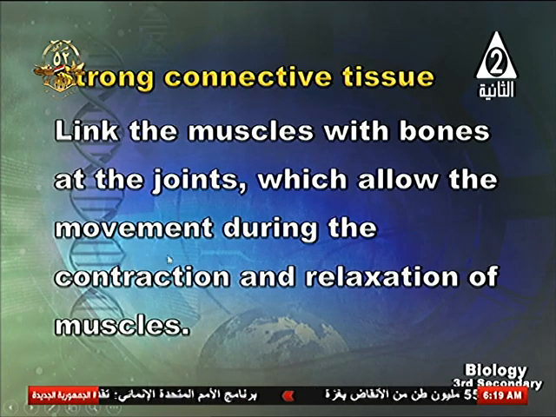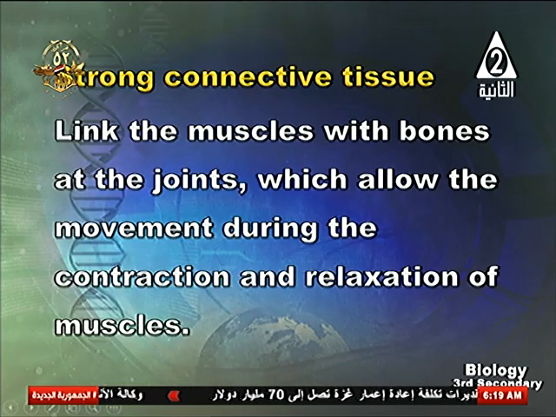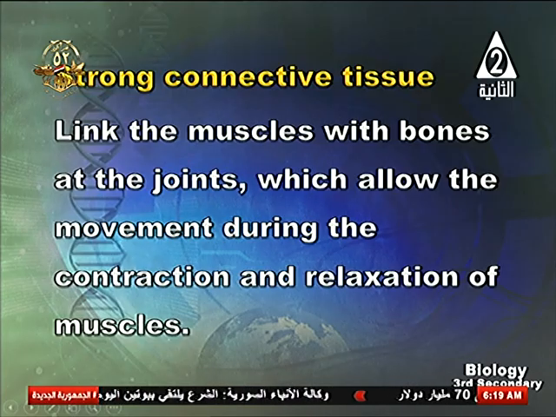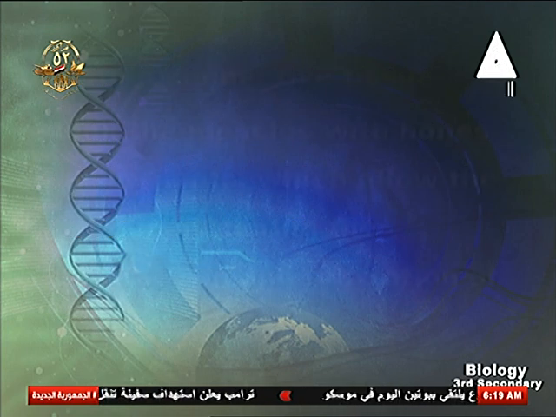While the muscle contracts, it pulls the tendon, which pulls the bone so we can move. So tendons are a very important tissue in our body, helping us to move and connecting the muscular system and the skeletal system.